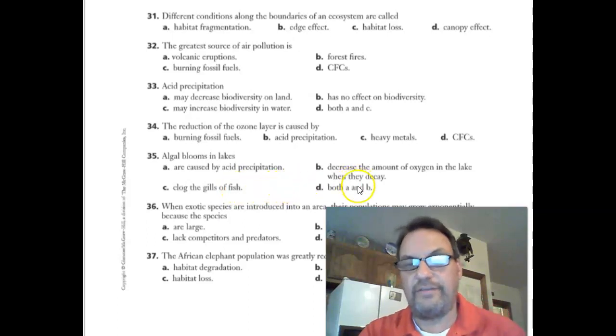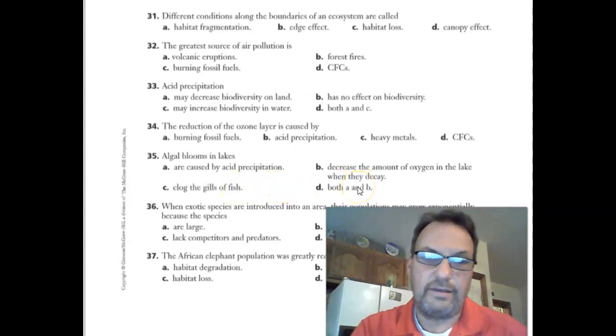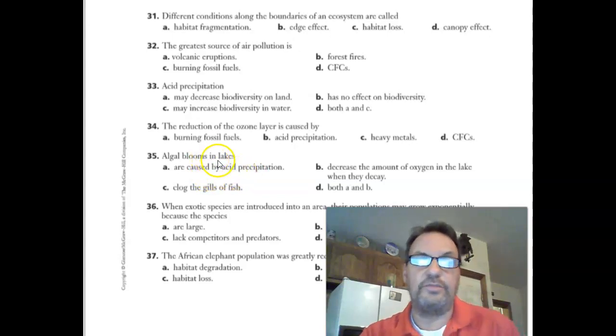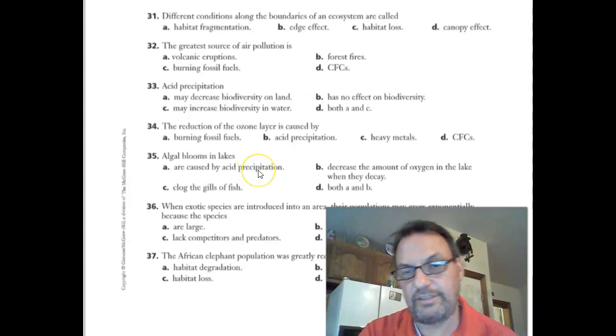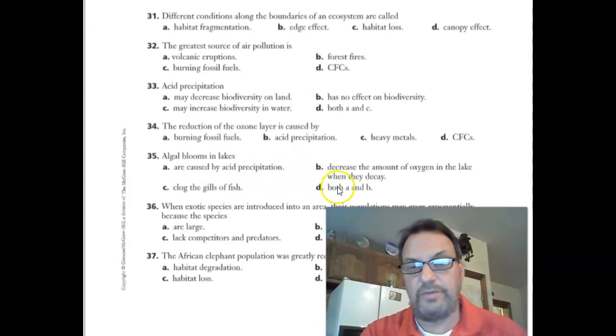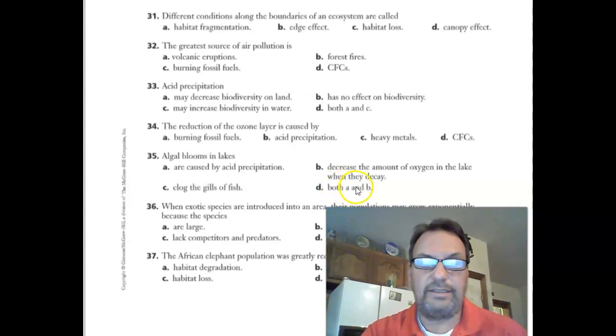And then you have the choice of both A and B. Actually, this is one that we did not have a chance to go over a whole lot. We know that this could decrease the amount of oxygen, but we actually did some Googling around, and these algal blooms are caused by acid precipitation. We're not going to count this one wrong if you missed it. But the correct answer would be both A and B in this scenario.